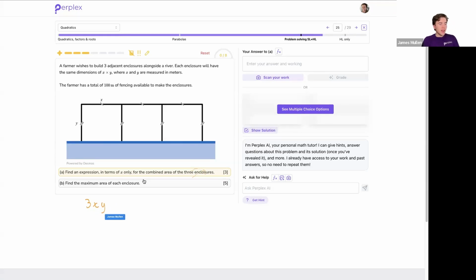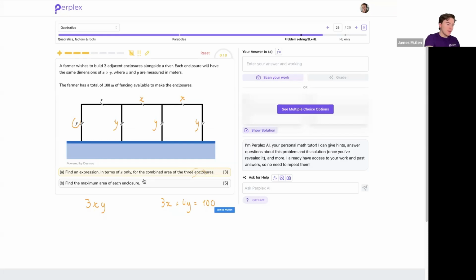And the key thing to write this just in terms of x is to use the fact that the total perimeter of the fence has to be 100 meters. And the perimeter I can think about as 3 sections that are of length x, and 1, 2, 3, 4 sections that are of length y, which means that 3x plus 4y is equal to 100.